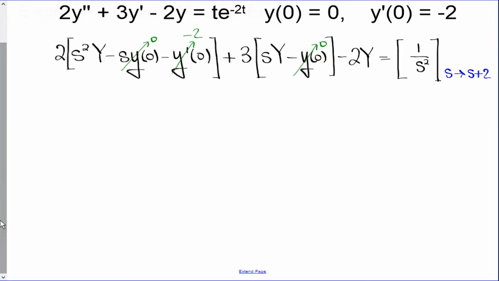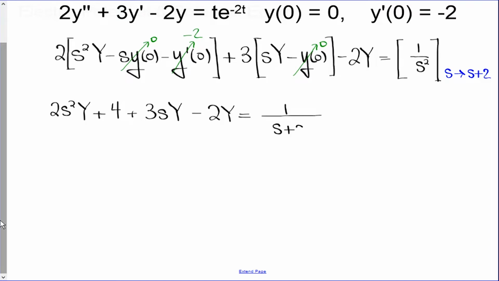So if I take the 2 and also multiply it in, I will be left with 2s squared capital Y plus 4 plus 3s capital Y minus 2Y equals 1 over (s plus 2) all squared.